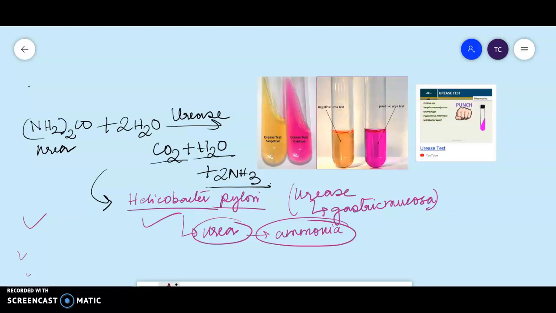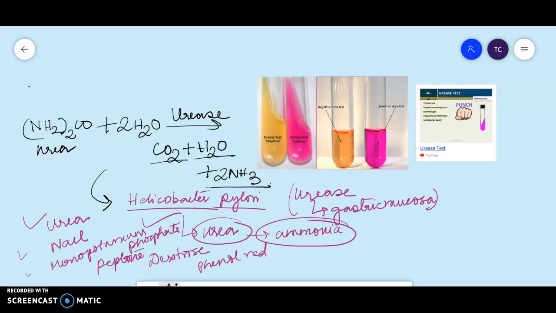The main components of this urea agar are urea 20 grams, sodium chloride 5 grams, monopotassium phosphate, peptone 1 gram, dextrose 1 gram, phenol red 0.012 gram, and if you make an agar plate, then you add agar, that is 15 grams. Now I will move on to the procedure.